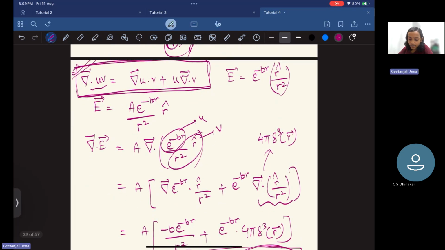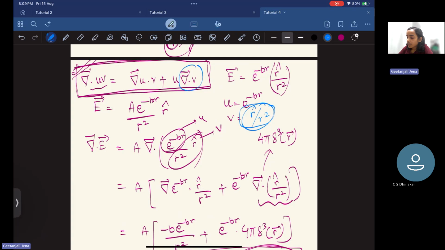So now in the next step, I have taken u as e to power minus br and v as r hat by r square, so that I can get the delta term. That is why I have taken v as r hat by r square.